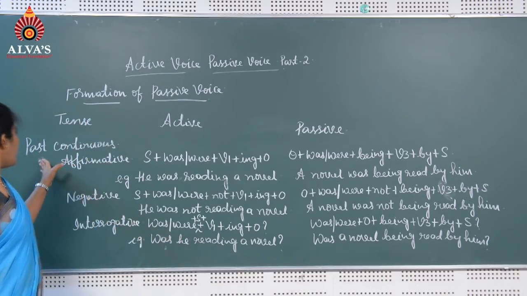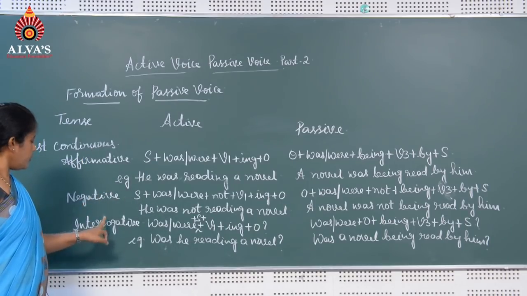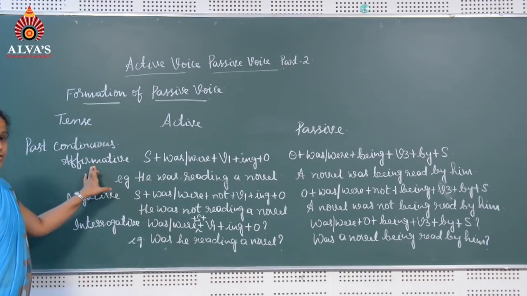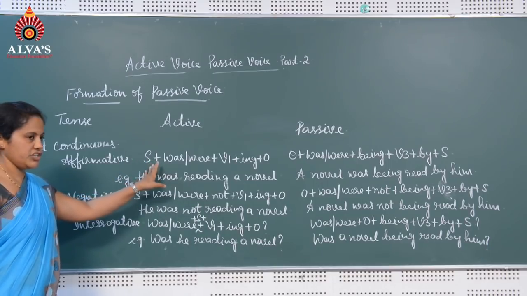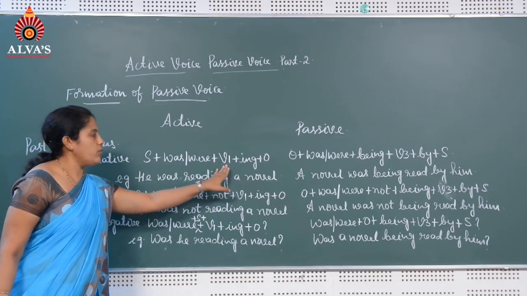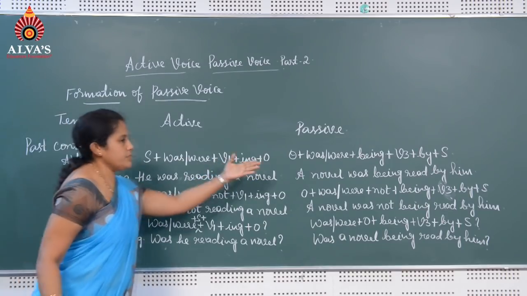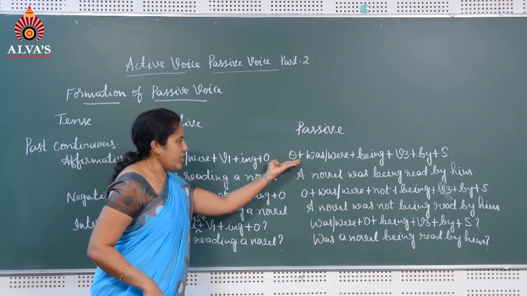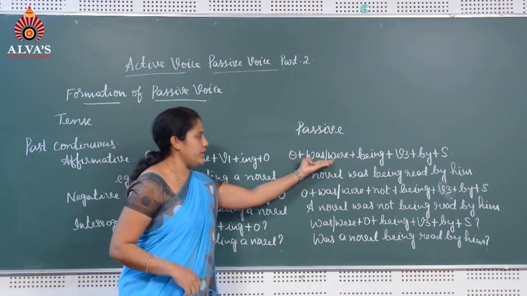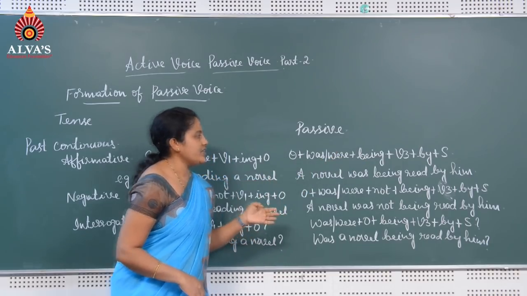Here, past continuous: affirmative, negative and interrogative. The affirmative sentence formula is subject plus was or were plus first form of the verb plus ing plus object. In passive it becomes object plus was or were plus being plus V3 form plus by plus subject.